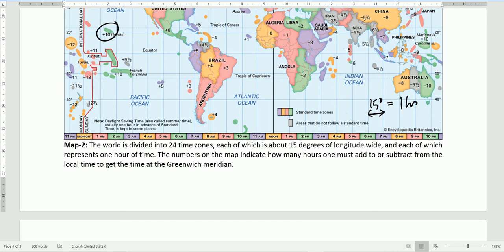We have already learned that 15 degrees longitude represents 1 hour time, and the numbers on the map indicate how many hours one must add or subtract from the local time to get the time at the Greenwich meridian.